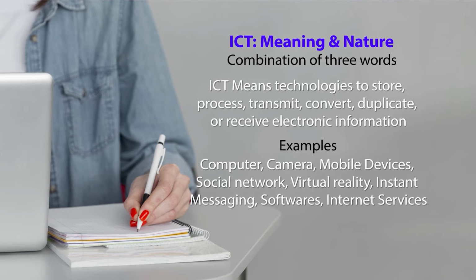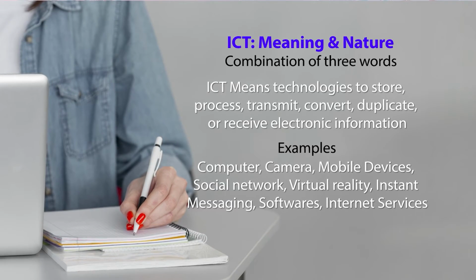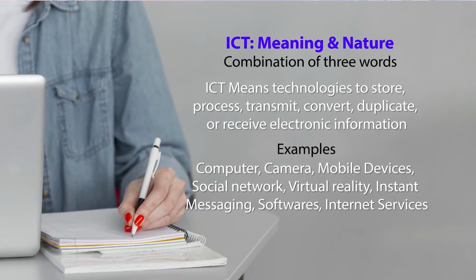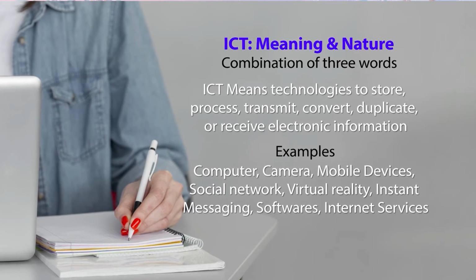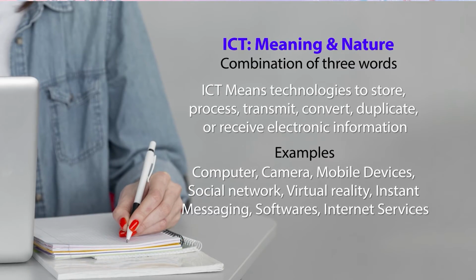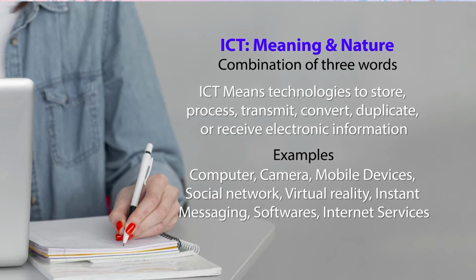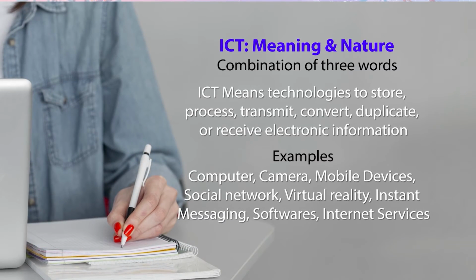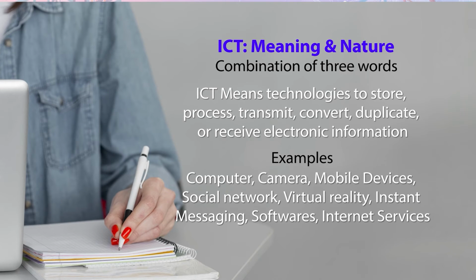So to work these devices, we need to have application softwares also. So ICTs includes both the digital devices and application softwares. Computer, camera, mobile devices, social networks, virtual reality, instant messaging, different softwares, different internet services.